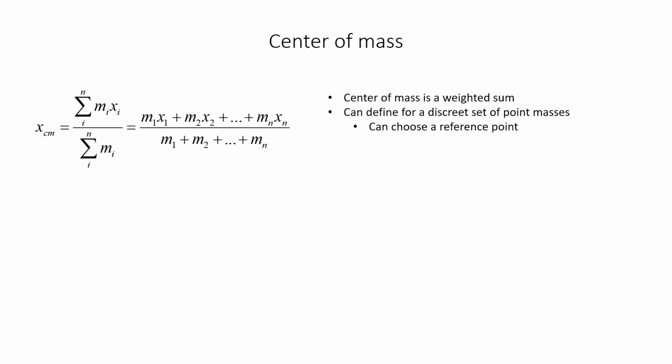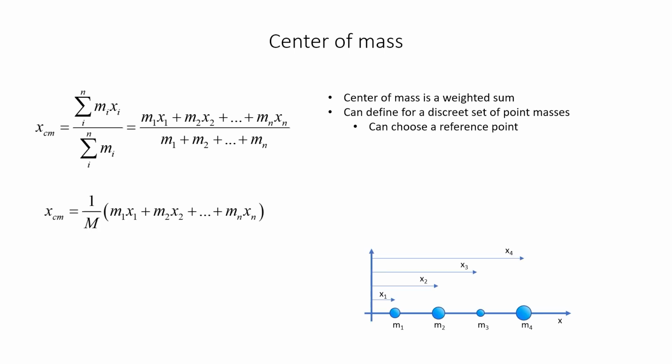Here we have a definition for the center of mass of a discrete set of point masses. First thing we do is choose a reference point with which to measure our xi's. Then we take the sum of our incremental masses and their positions over the sum of the masses. We can sum up the masses and call that capital M the total mass.